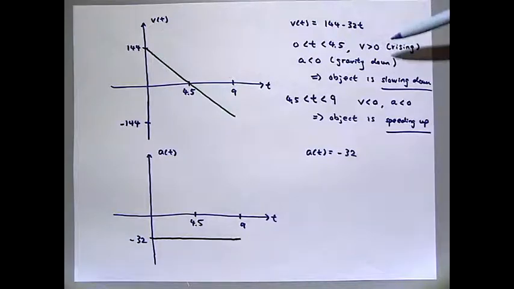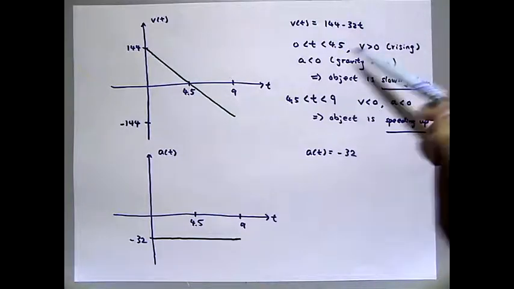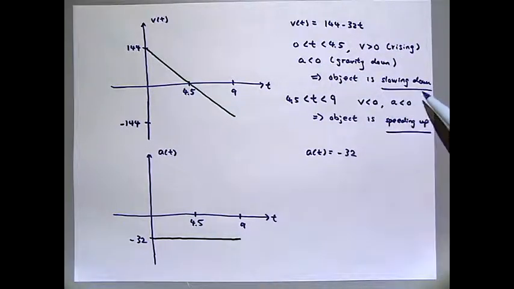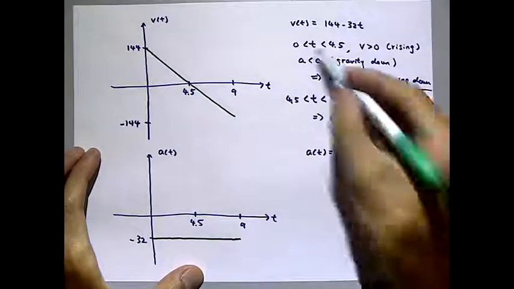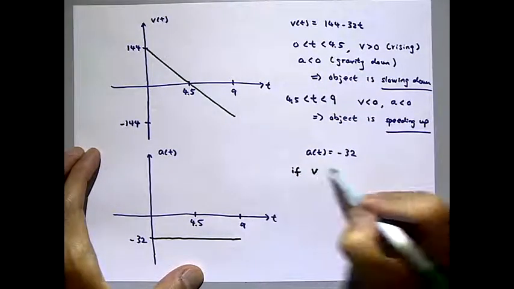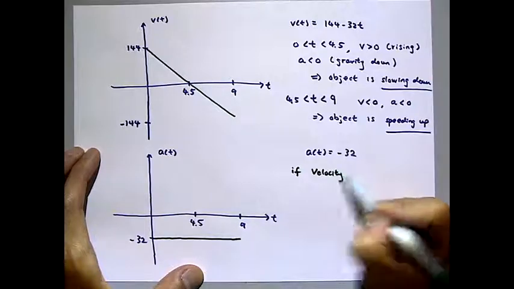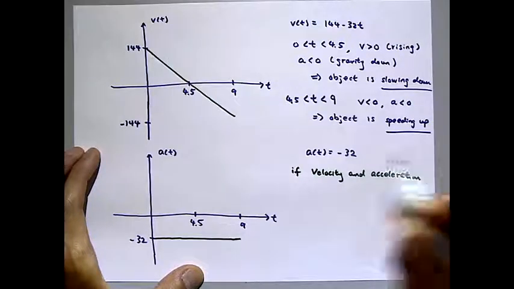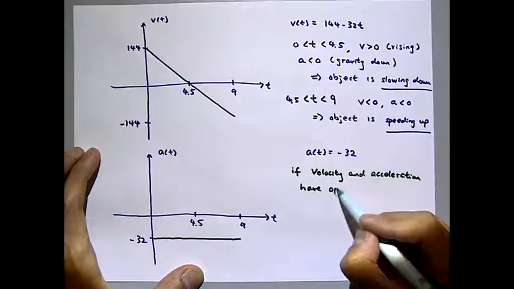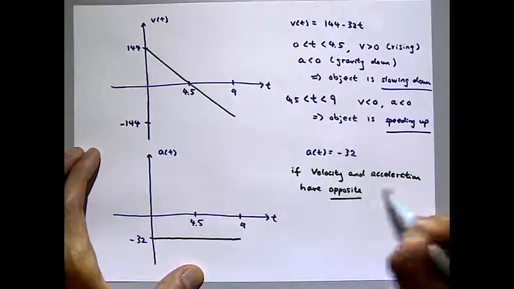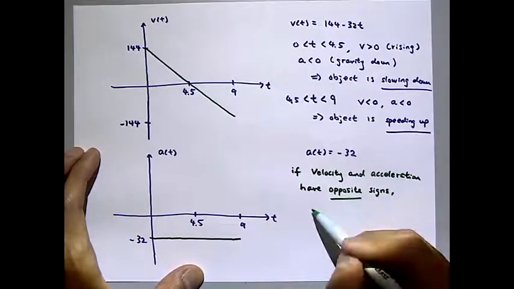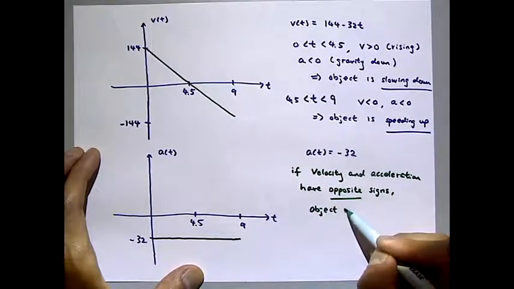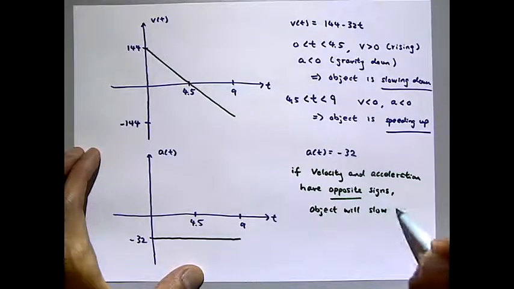And this is a very easy way to tell what's going on in general. You look at the signs of the velocity and the acceleration. If their signs are opposite, that means they're fighting against each other. The object is going to slow down as time goes on. So let me summarize that thing there. If velocity and acceleration have opposite signs, the object will slow down.